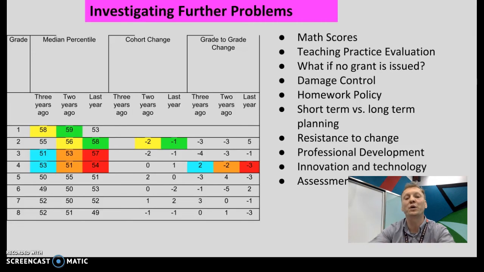So if there's one problem, we can look in other areas to look for potential problems that are coming up. The big thing to highlight here is looking at a long-term solution versus a short-term solution, especially with technology. It's more of a long-term solution, I think, with new technology coming in, our professional development, and just seeing if we're doing things correctly with our assessment and data.